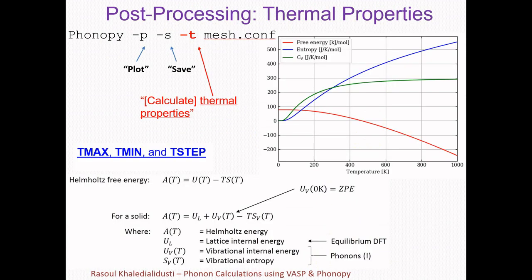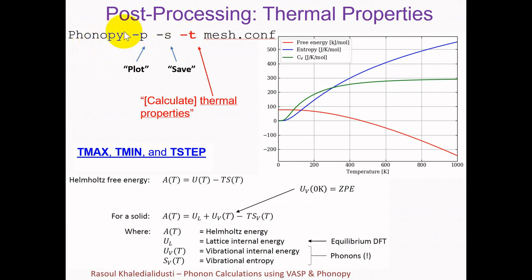To calculate the thermal properties, we can use the same setting file we already used for the phonon density of states, mesh.conf. But in the command, in the directory where the force sets already exists, we need to add T. T means thermal properties.